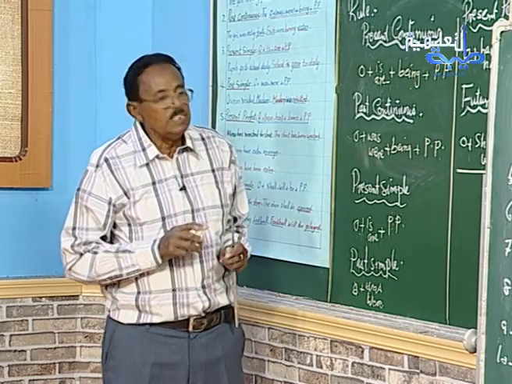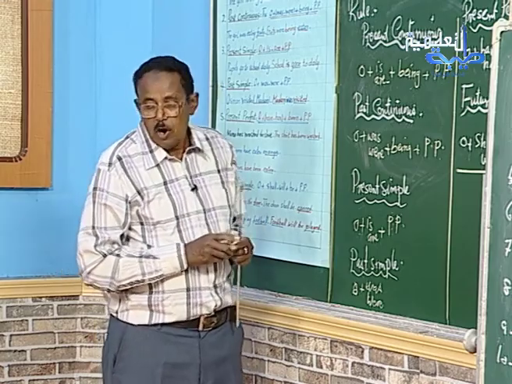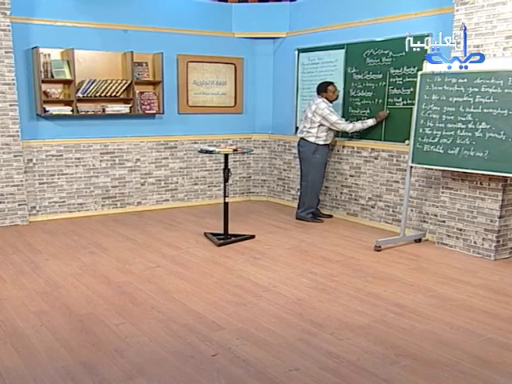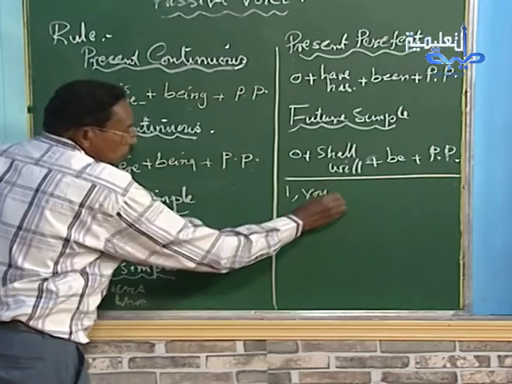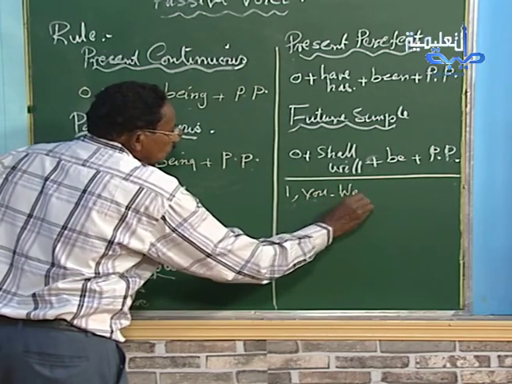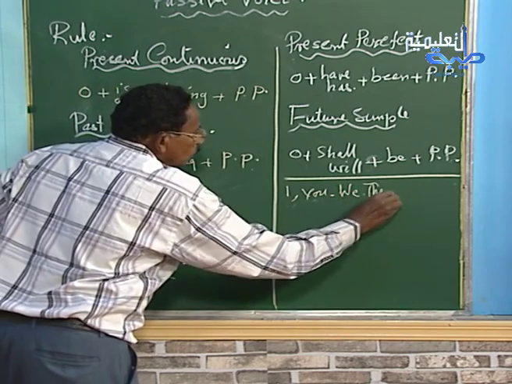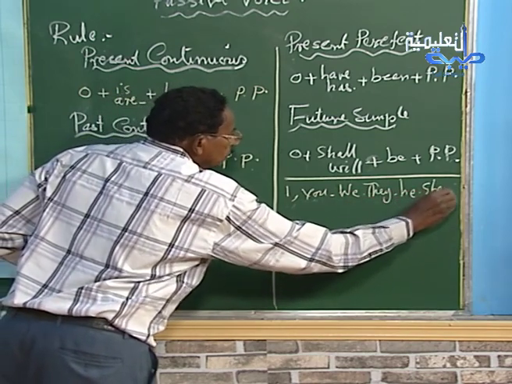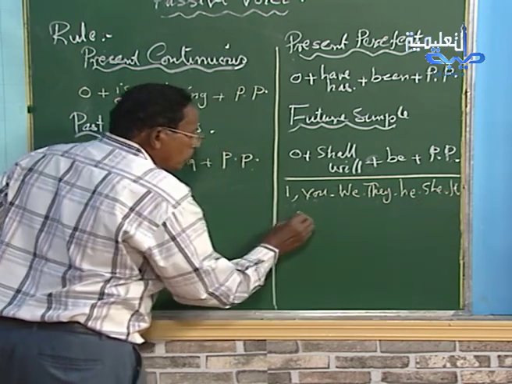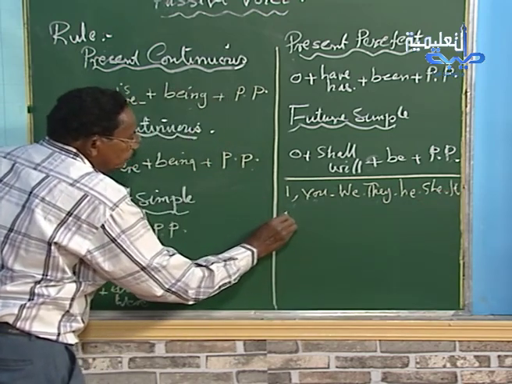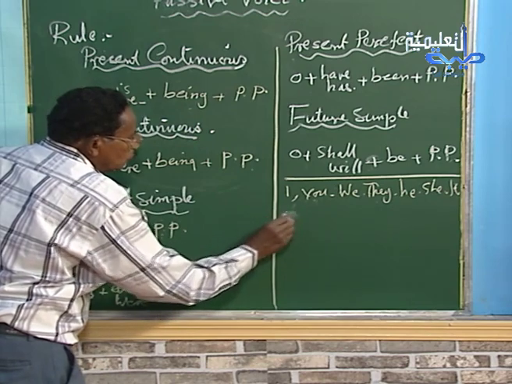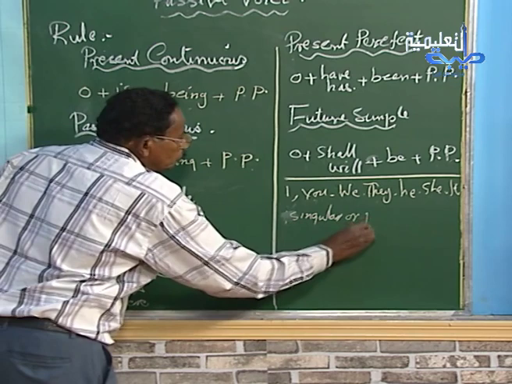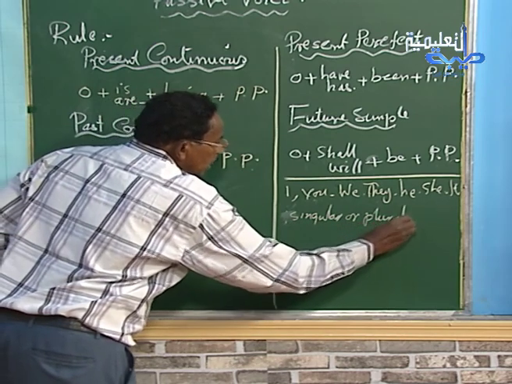The subjects in English are all the pronouns: I, you, we, they, he, she, it, or the nouns, singular or plural.